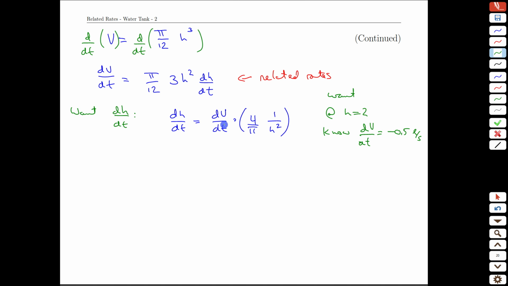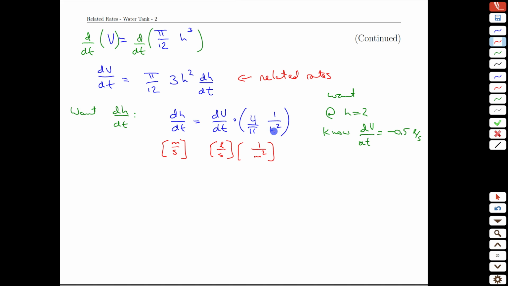Now, there is one last ingredient in this problem we do have to deal with, and that's units. So dh/dt we would expect to be in meters per second. Entirely reasonable because our height is measured in meters, so its derivative would be in meters per second if seconds are the time variable. However, this is in liters per second, and this all over here is in 1 over meters squared.